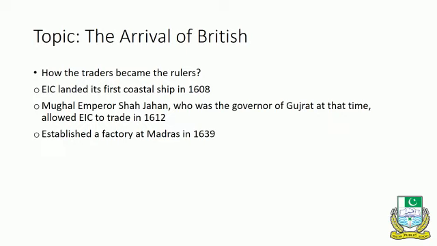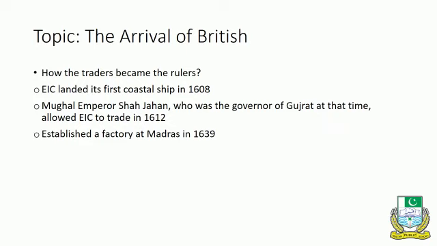The East India Company that came to India for trade, how did it become able to get power in the whole of India? They did so gradually. In 1608, the first coastal ship of EIC landed at Surat, the coastal city in the province of Gujarat, India.